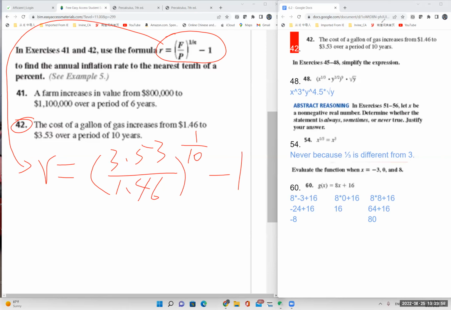Of course, we need a calculator for this, right? Do you know how to use a calculator to get the final answer? Do you have a calculator in hand? Yeah, I have my phone. Then have a try.